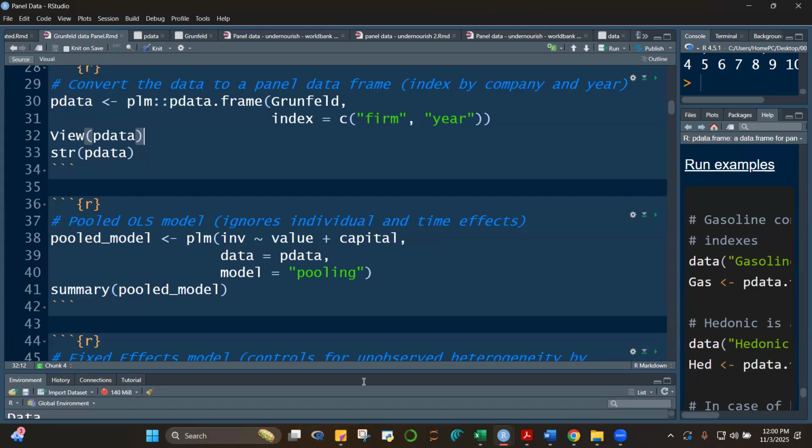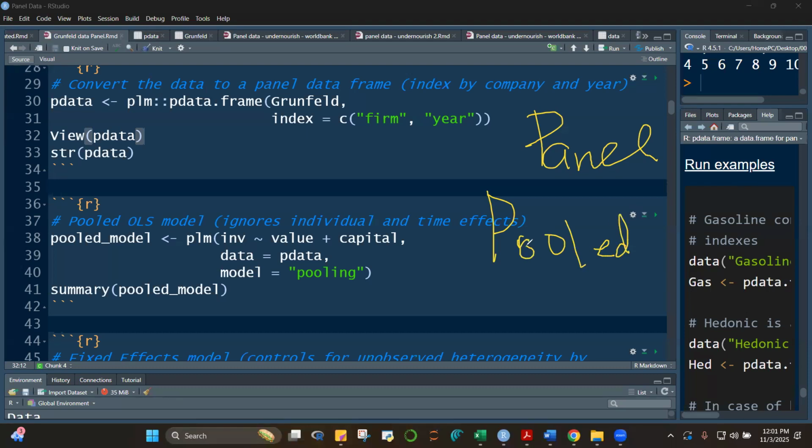So for panel data, class, there are three methods that can be used. First is the pooled OLS, pooled ordinary least squares.